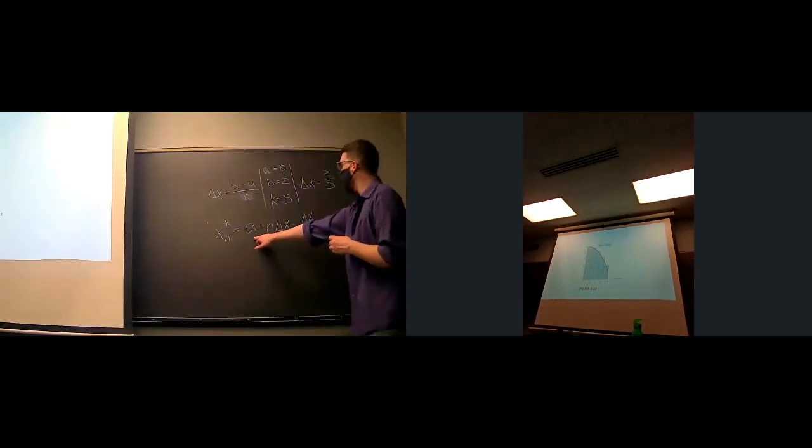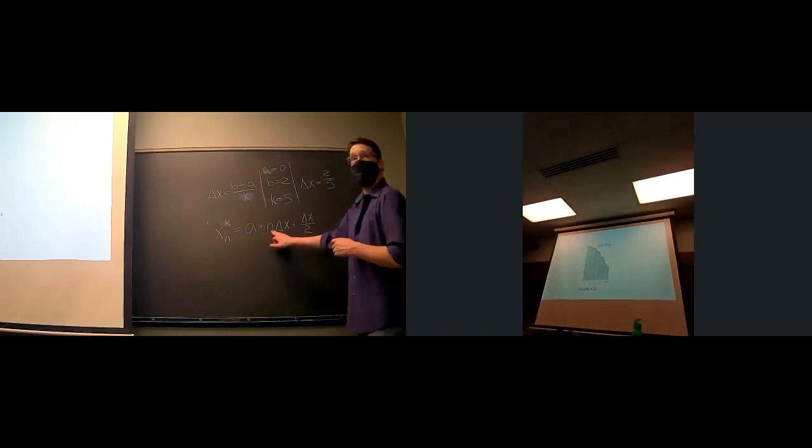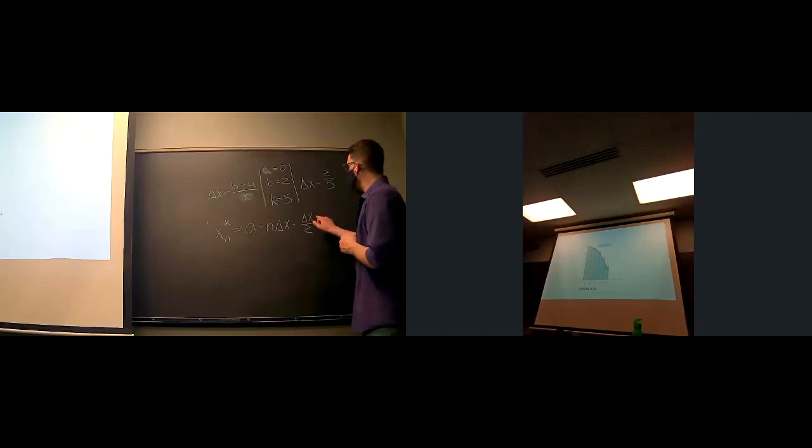Make sense what I mean? Since this starts at 0, we have 0x plus delta x over 2, because n is 0. So we're just going to be left with delta x over 2. Cool with this?